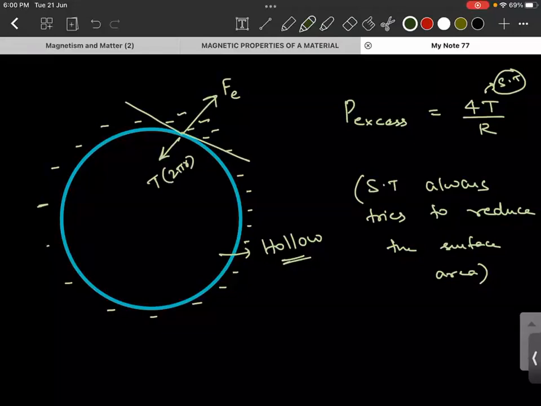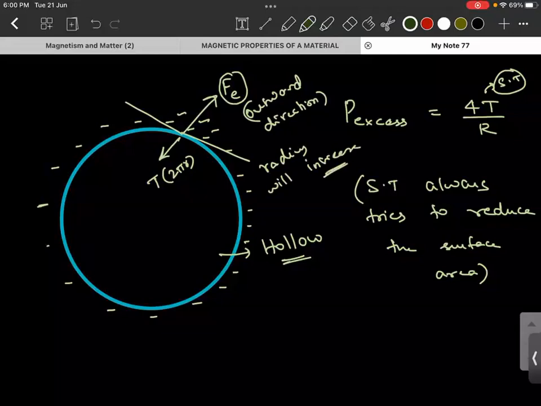A sphere is a three-dimensional surface, but if I take one layer and consider it as a circle in projection, I can write it as T into 2 pi r. Since the electrostatic force acts outward, the radius will increase only.